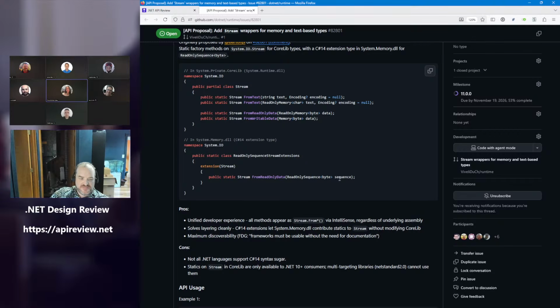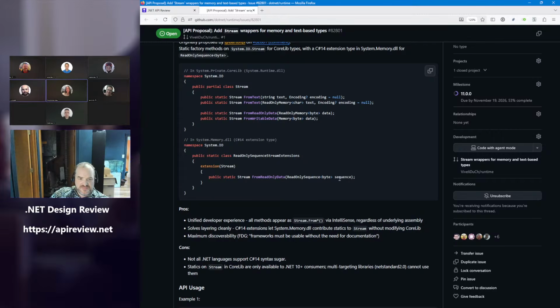And as you'll see among the alternative API designs, one of the options was moving the read-only sequence type to private CoreLib to be able to consistently add it to a stream, as you see here in the proposal for the other CoreLib types.